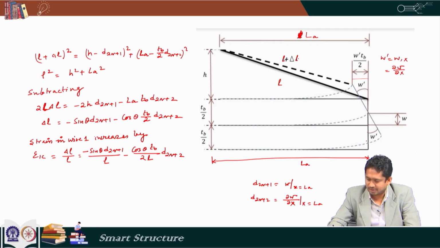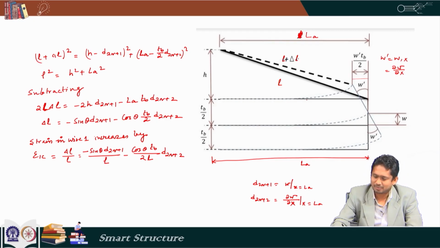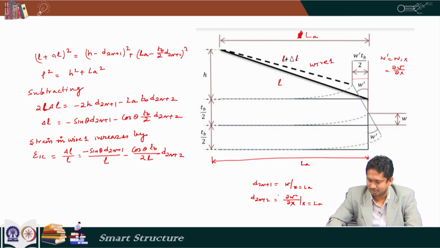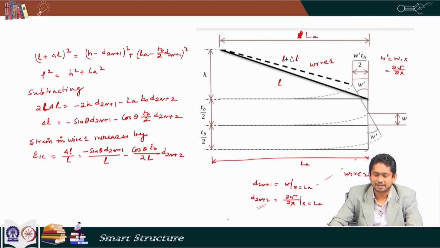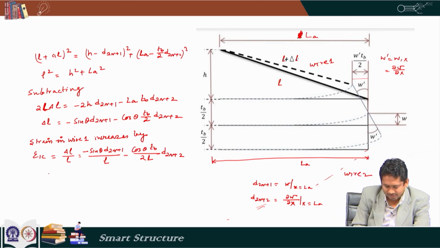Now, we have wire 2 below it. The upper wire we denote as wire 1, and the wire below is wire 2.